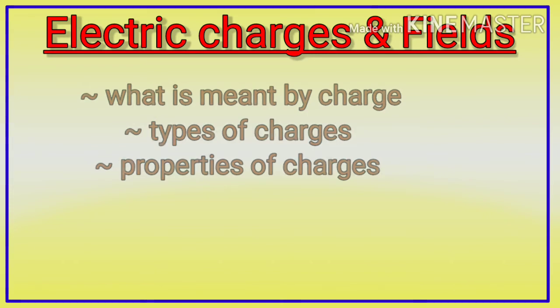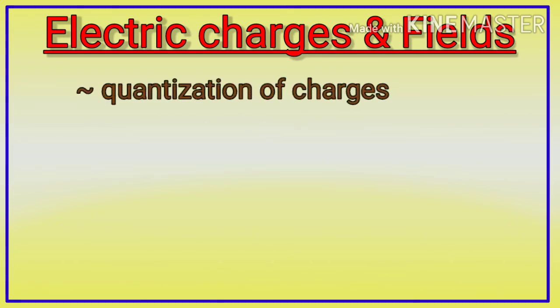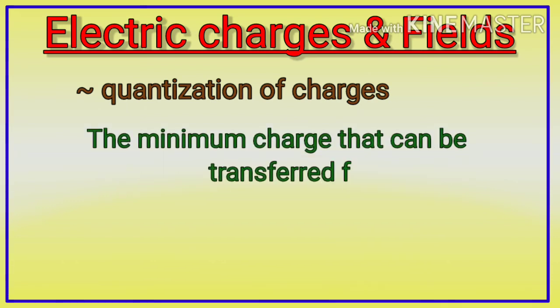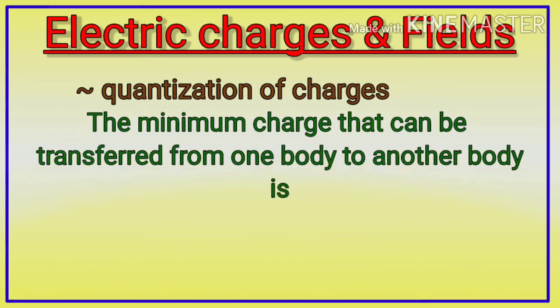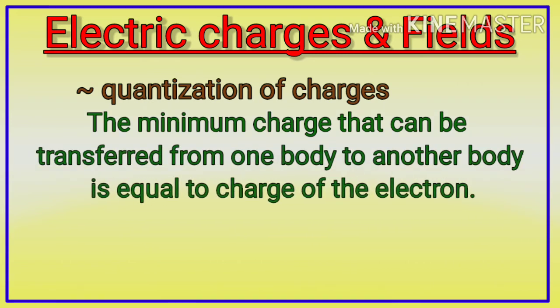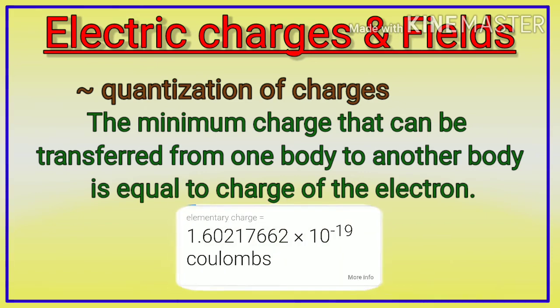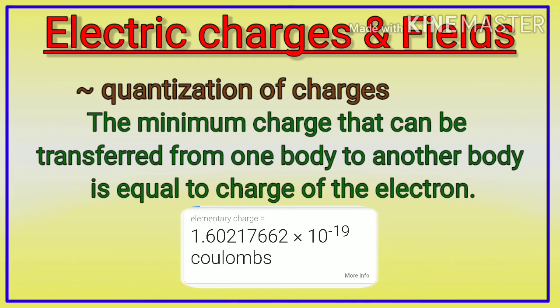Then what is meant by quantization of charge? Quantization of charge means the minimum charge that can be transferred from one body to another is equal to the charge of the electron, e = 1.602 × 10^-19 coulombs. A charge always exists as an integral multiple of the charge of the electron.